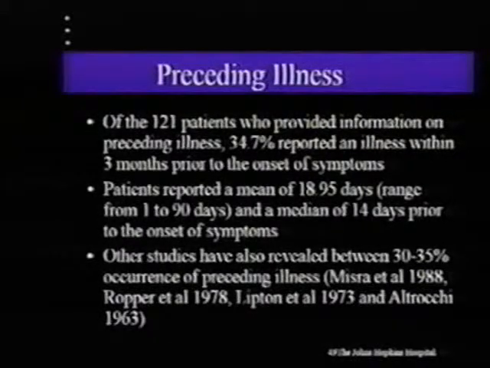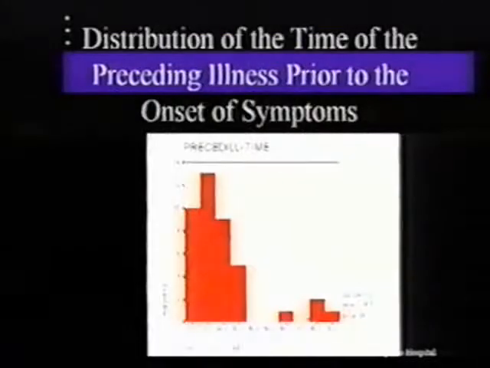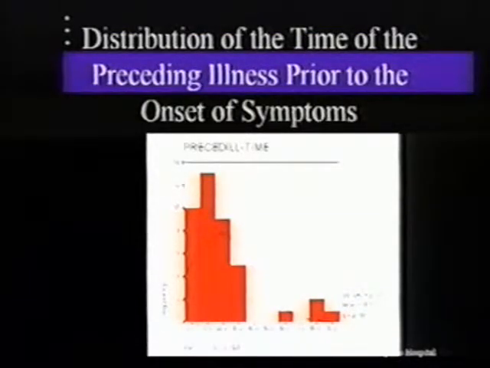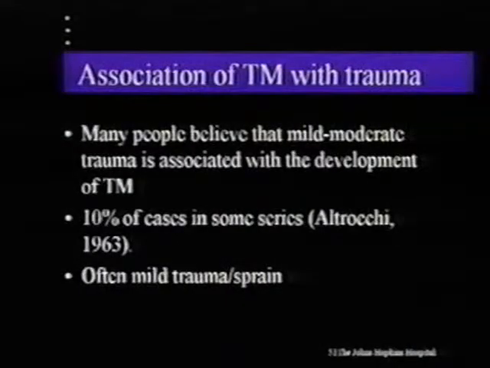Again, we don't know exactly what that means. Did this generate an immune response which became very active and cross-reacted into the spinal cord and induced the damage? We don't know that yet. We know that most of these occur within 30 days. You can see the curve here. Most of these antecedent illnesses occurred within 30 days.